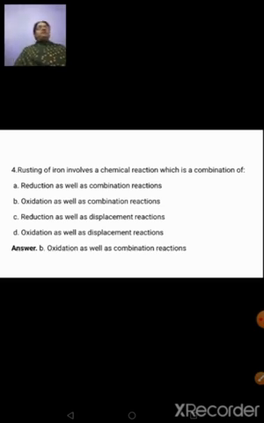See, it is the reaction of moisture, that is water particles in air, with iron, or whenever there are raindrops or when droplets of water fall on iron articles, they begin to rust, they form iron oxide. So this is an example of oxidation as well as combination reaction, that is option B.